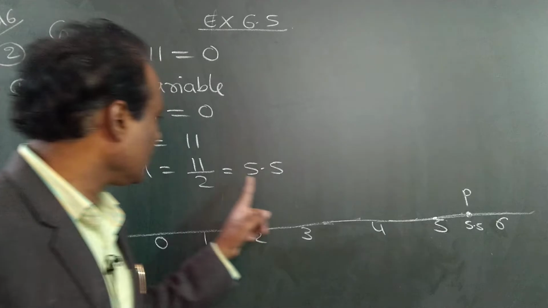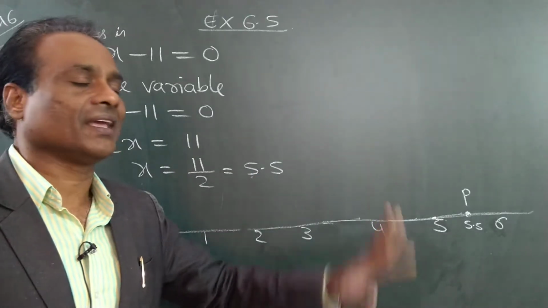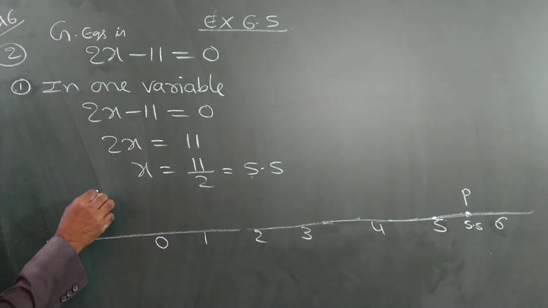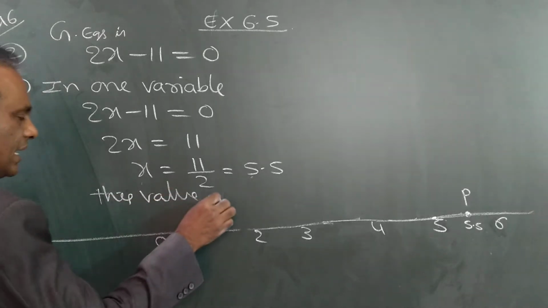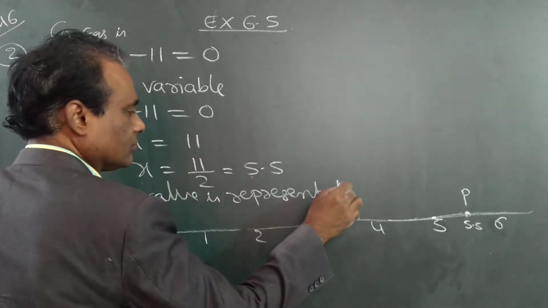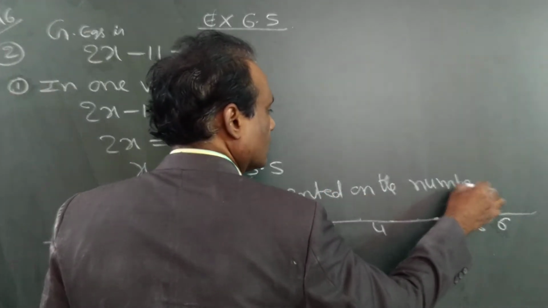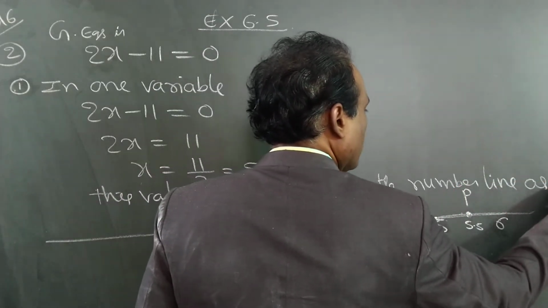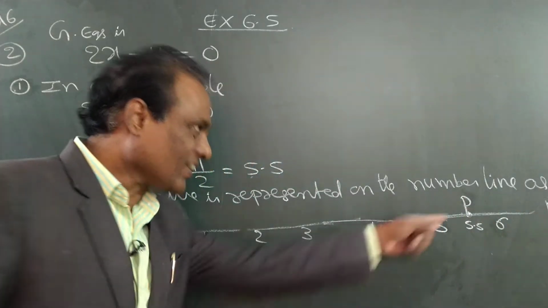That is the equation represented on the number line. That's all. So write down: this value is represented on the number line as point P. P is the symbol, P is our required point.